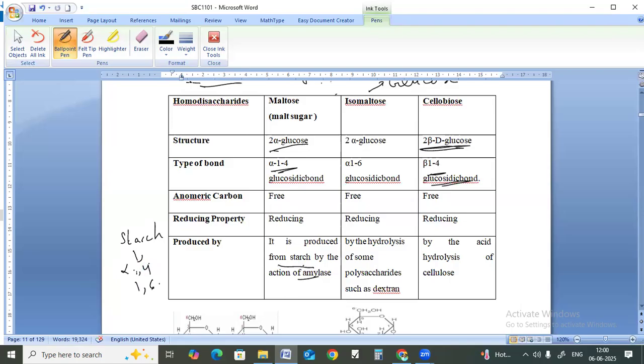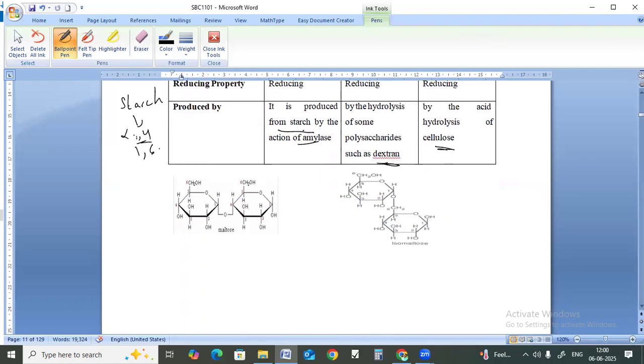The hydrolysis of the alpha-1,4 bonds results in maltose units, whereas dextran results in the formation of isomaltose. Whereas cellulose contains units of beta-D glucose, and on hydrolysis cellulose results in the formation of cellobiose. So starch gives maltose, dextran gives isomaltose, and cellulose gives cellobiose.